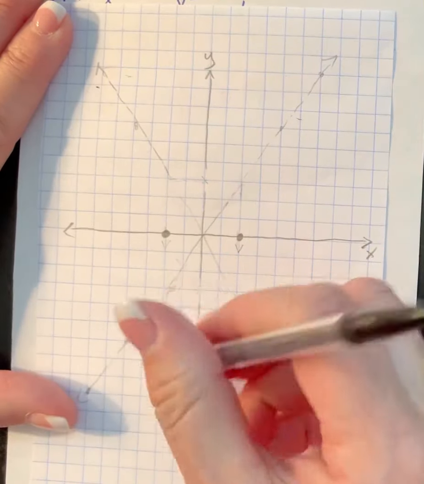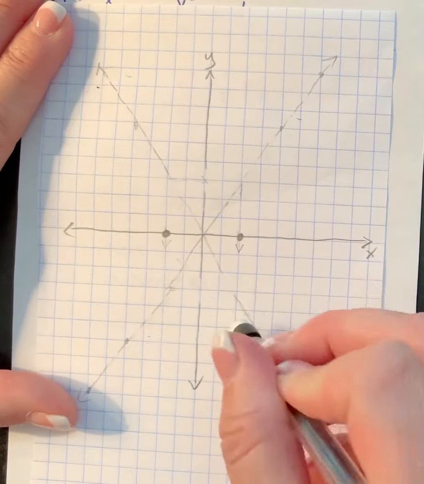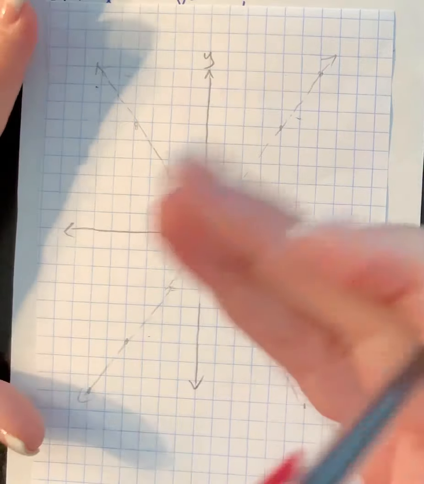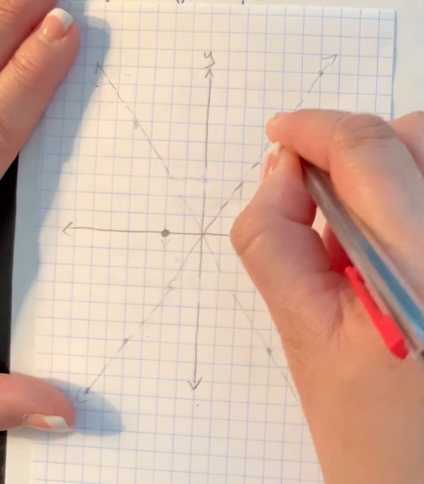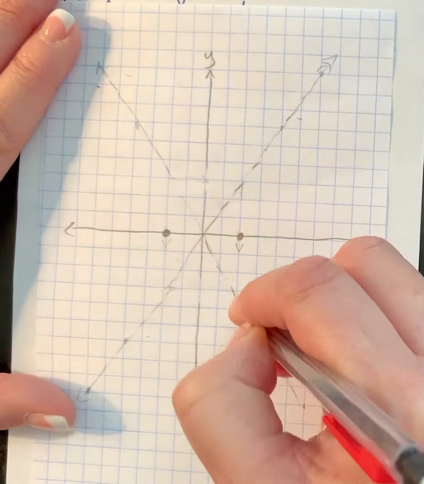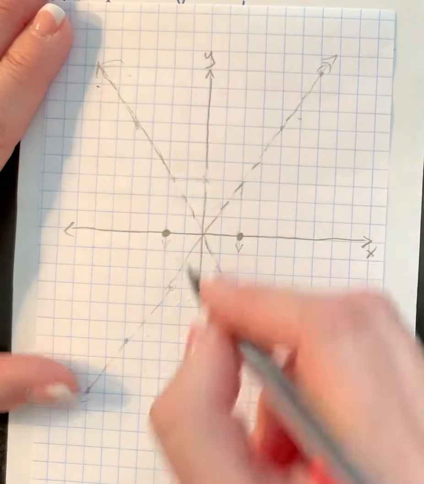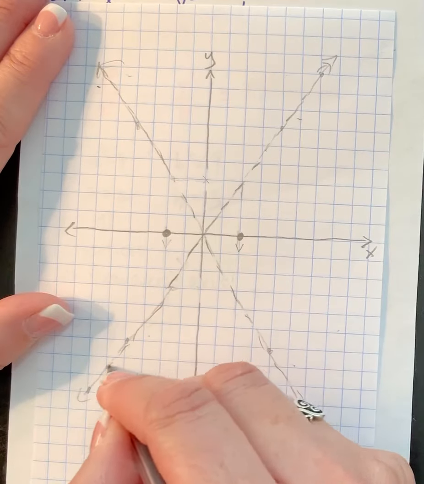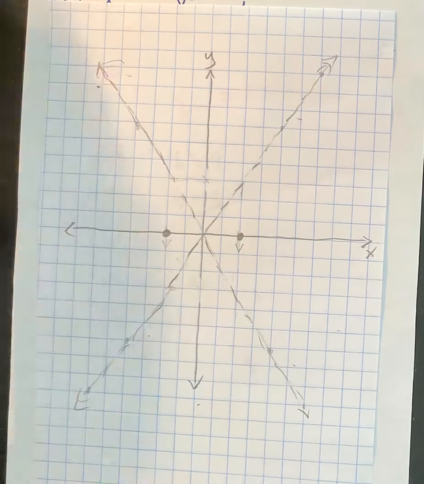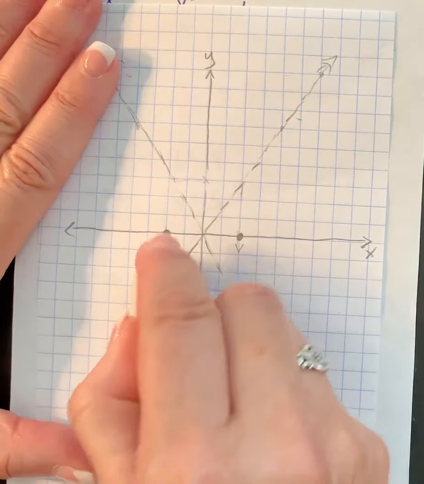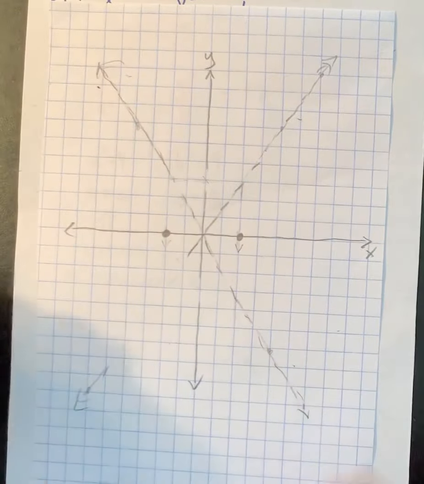A little messy there. Not the best eraser. But in any case, these are asymptotes. They show you the actual graph is approximately near those.